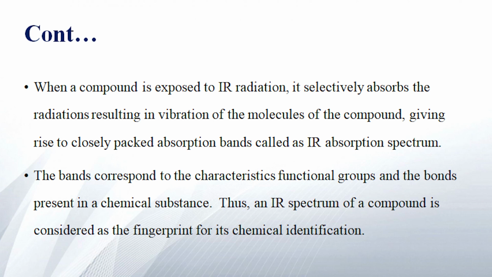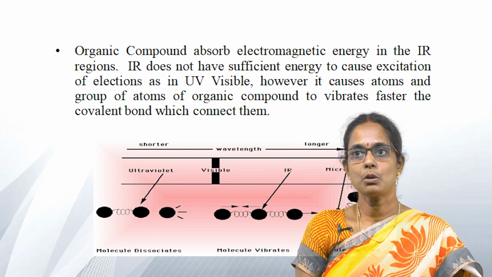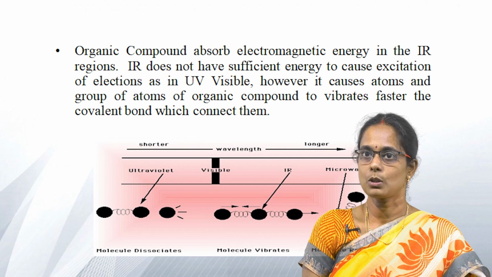IR spectroscopy is mainly used to detect the characterization of functional groups. For the functional groups and bonds present in a chemical substance, the IR spectrum is considered a fingerprint for chemical identification. In electromagnetic radiation, the region above the visible region is known as the IR region.